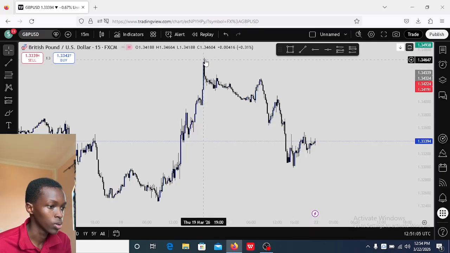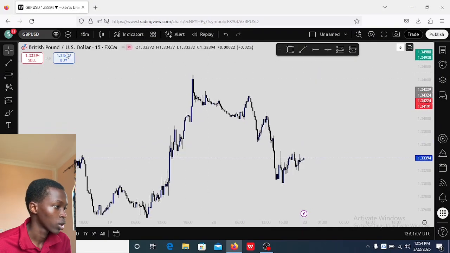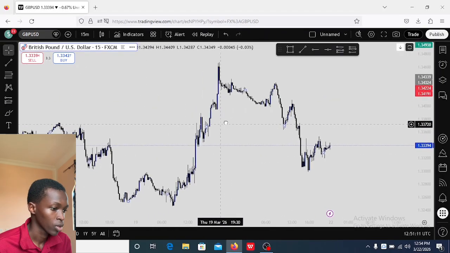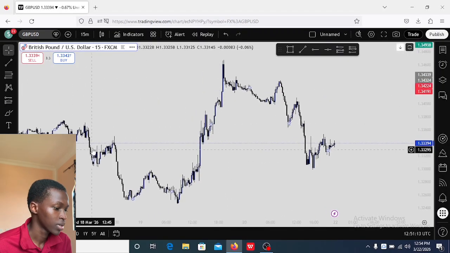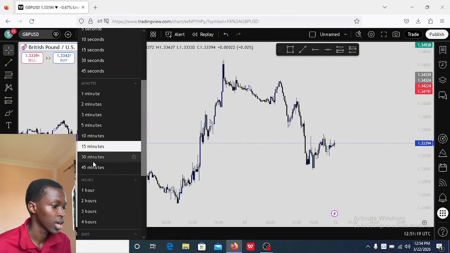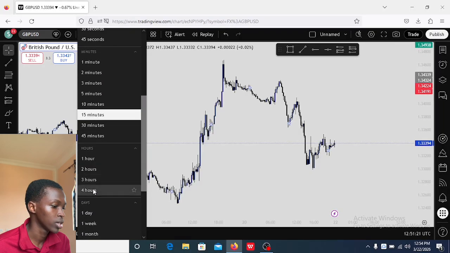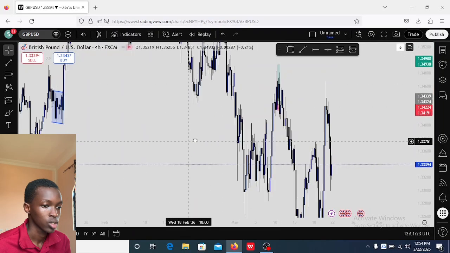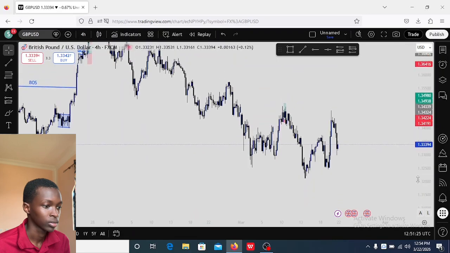This is a chart of GBP USD. Right now it's on the 15 minutes time frame. Let me change it to the 4 hour time frame, because mostly I go to the 4 hour time frame to see the main trend.